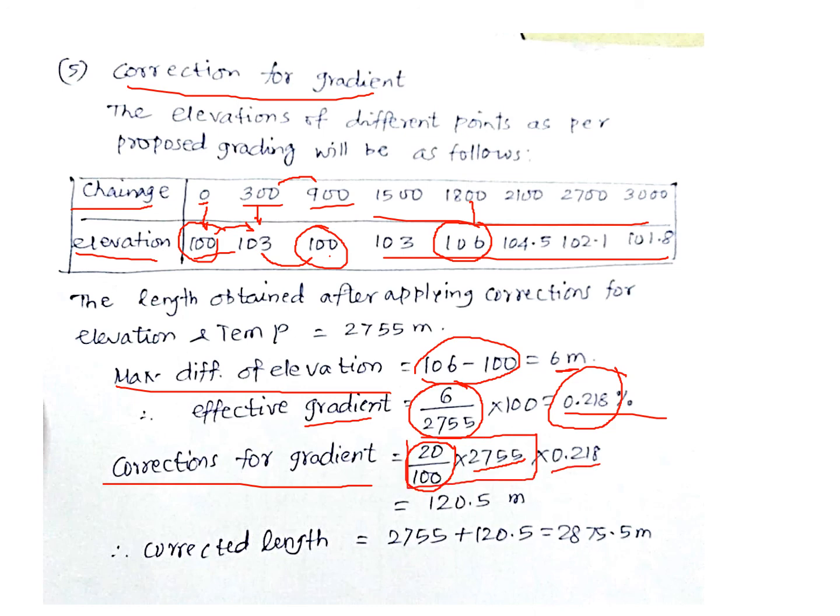So 0.21% comes out to 120.5 meters. Therefore the final corrected length is 2755 plus 120.5, which is 2875.5 meters. This is the corrected length for the basic runway length, and is to be considered for the design of the runway length.